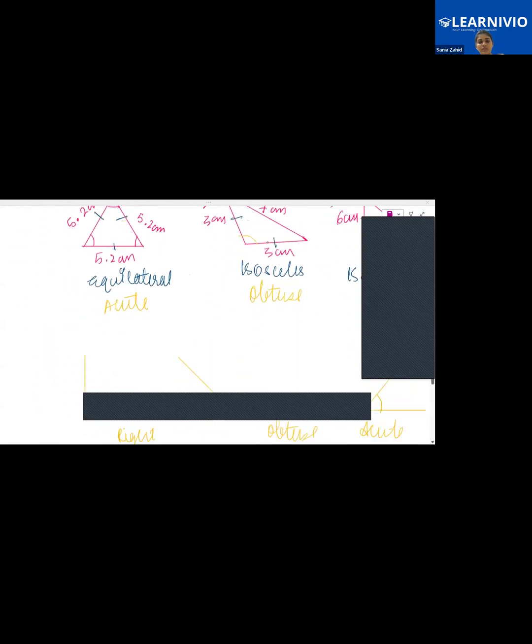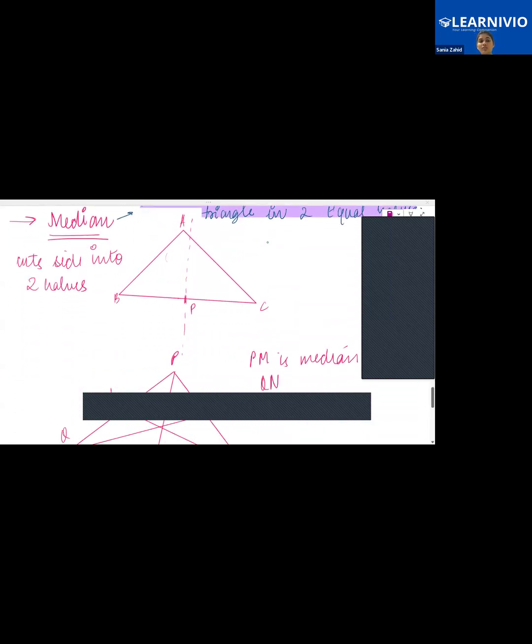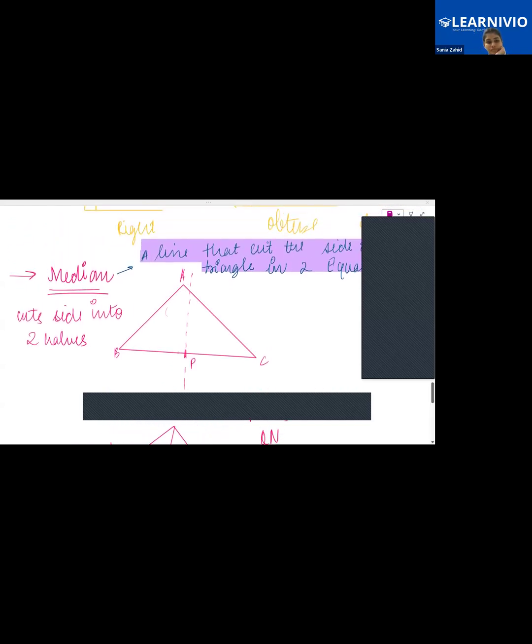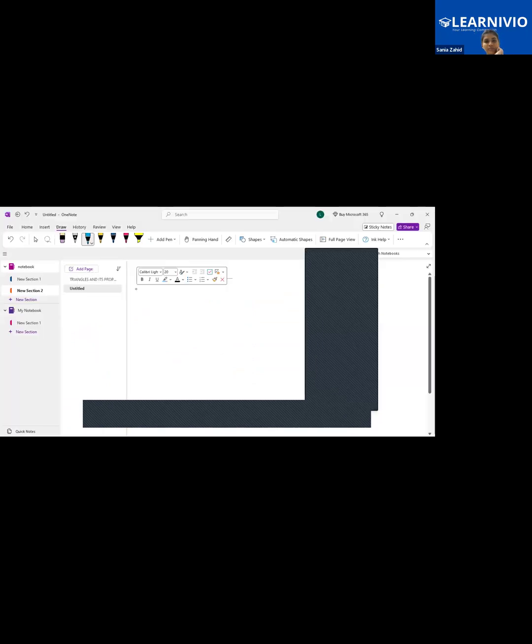So, then we studied about classification. Razan will tell me what is a median. A median is a line which divides a triangle into two equal parts. Okay, what is an altitude?